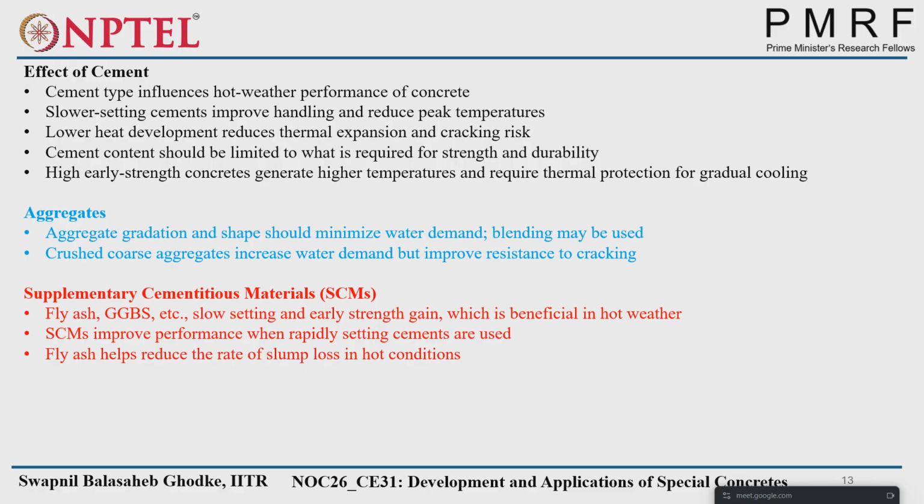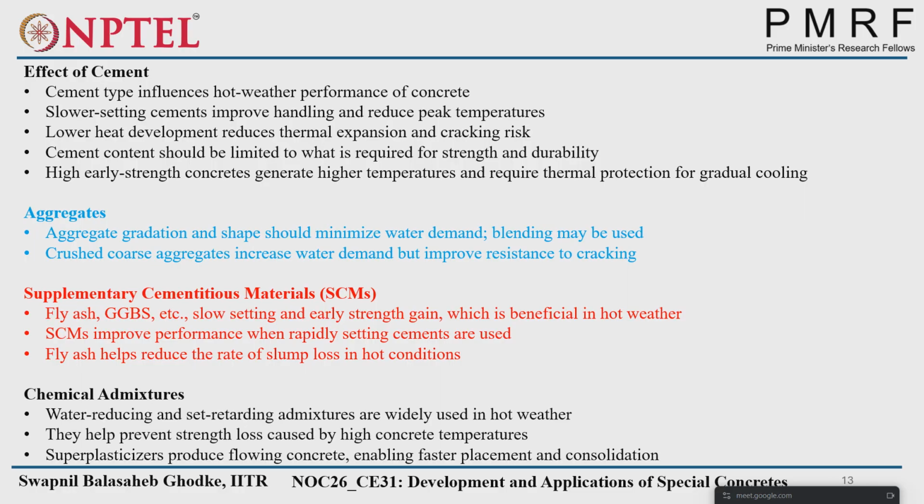So two aspects will be there, and that's why slump loss will be less in hot conditions. Silica fume also has circular particles, but silica fume has very small diameter particles, meaning higher surface area. So compared to silica fume, fly ash will be more useful to reduce the rate of slump loss in hot weather conditions.